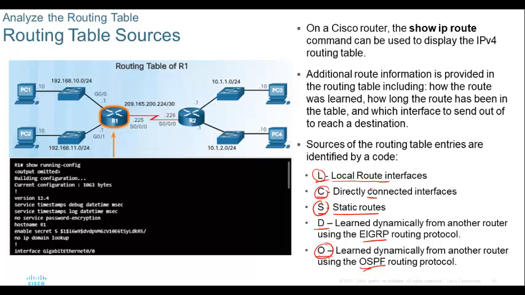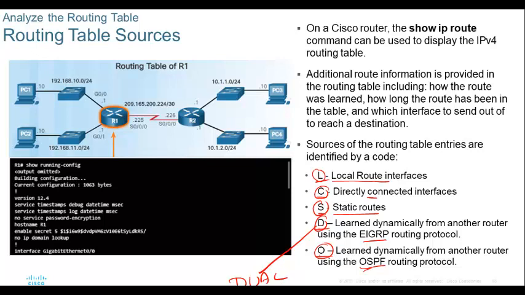EIGRP uses one algorithm. That algorithm, EIGRP's algorithm, is known as DUAL, the Diffusing Update Algorithm.